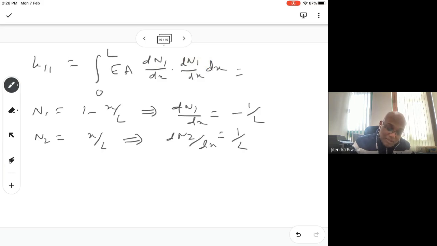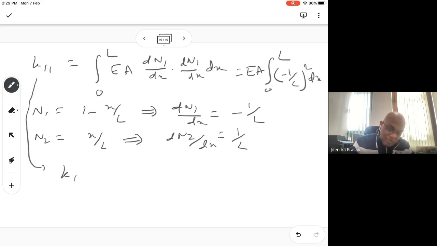Now EA is constant. If E is a function of x, or A is a function of x, then you have to integrate it here. But if it is constant, it can go out. So it goes out, EA integral from 0 to L, and then dn/dx squared is 1 over L squared, dx.